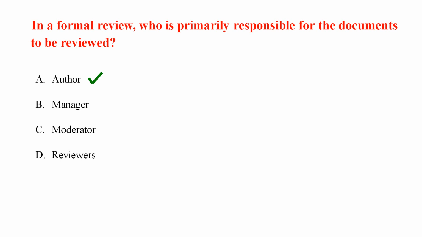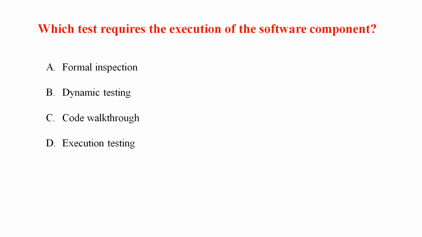I repeat, as soon as the designing of the document is complete, before sharing it with the review team, the author will review that document first. That's why he is the primarily responsible person. Reviewers will review also, but these are secondary persons.